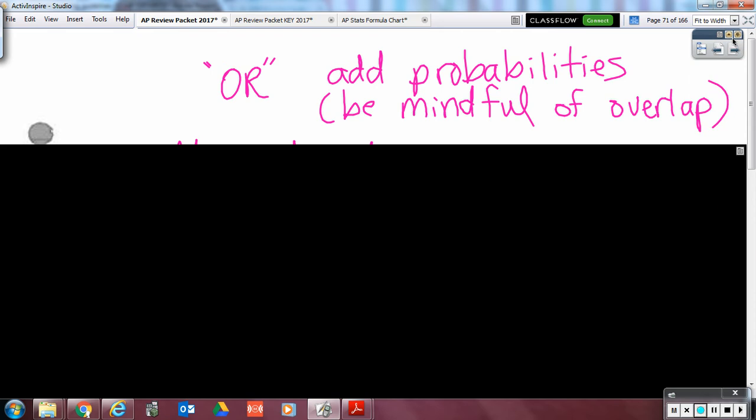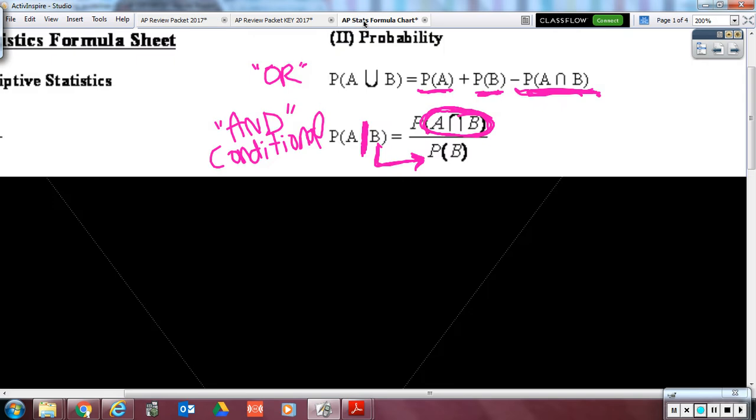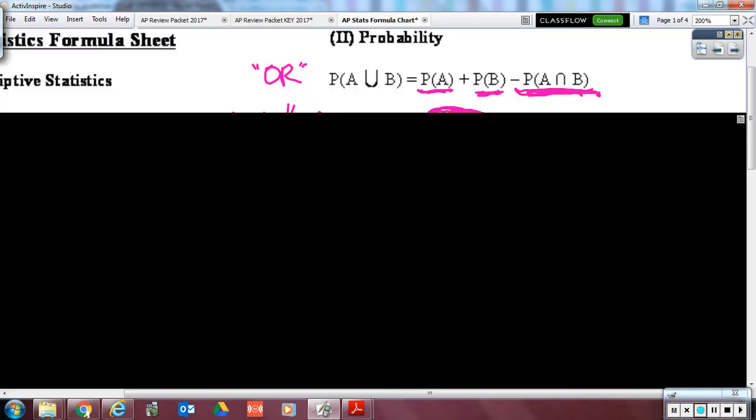If it says this or that, you're going to be adding the probabilities, but you need to be mindful of overlap. If something got double counted, that's what you need to watch out for. Now we see that on our formula chart, so you might consider putting this formula right underneath that.